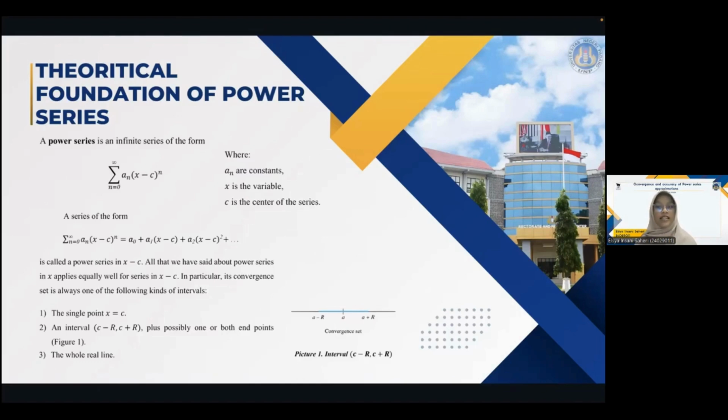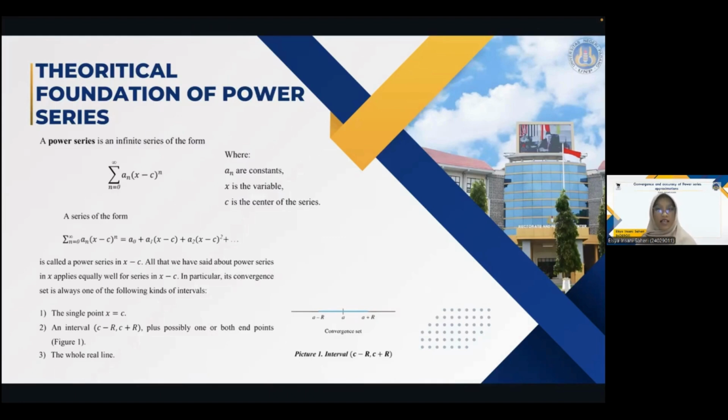This means that a power series is built from powers of x minus c, starting from power 0 and continuing infinitely. Next, if we write the power series in expanded form, it becomes a0 plus a1 times (x minus c) plus a2 times (x minus c) squared, and so on.